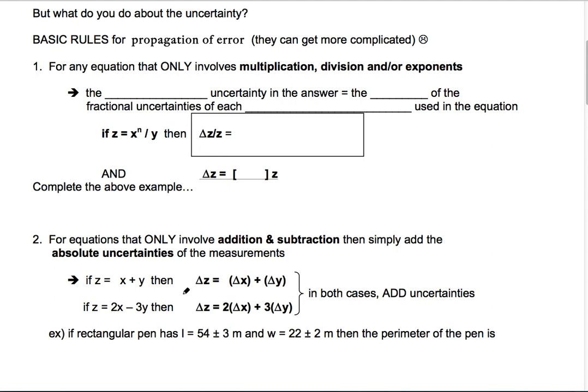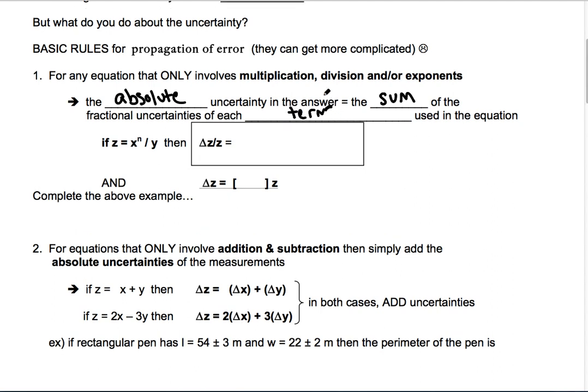So if we wanted to do multiplication, division, and/or exponents, the uncertainty in the answer is the sum of the fractional uncertainties in each term used in the equation.